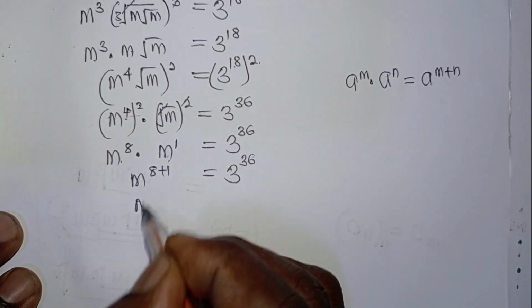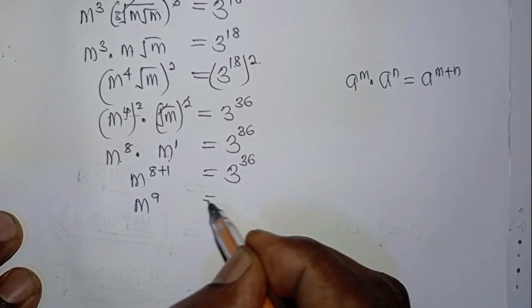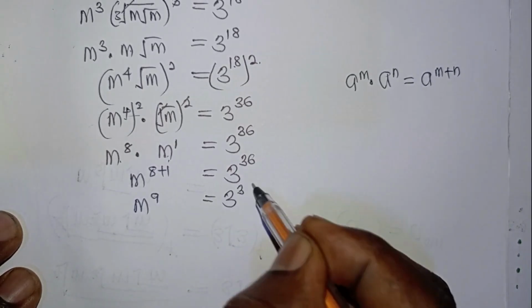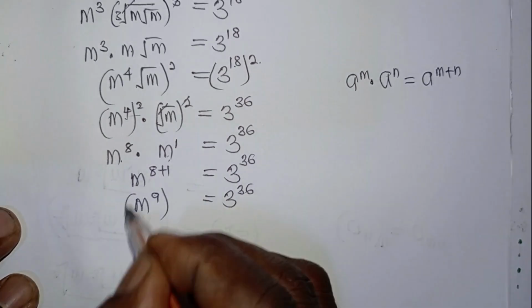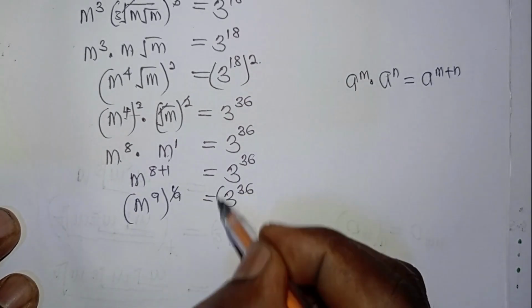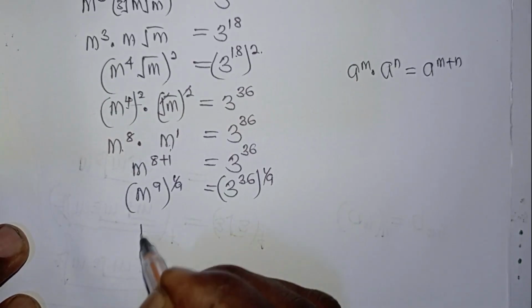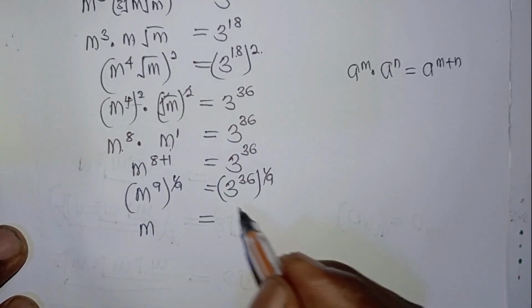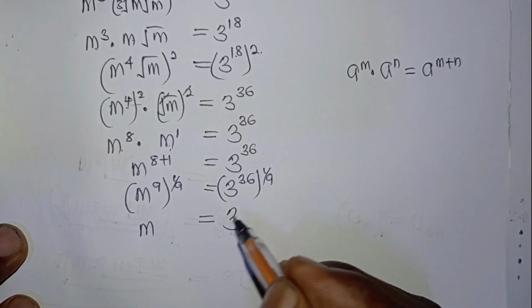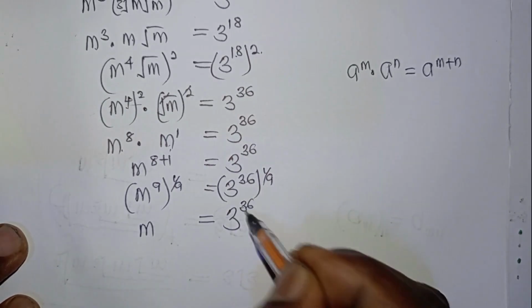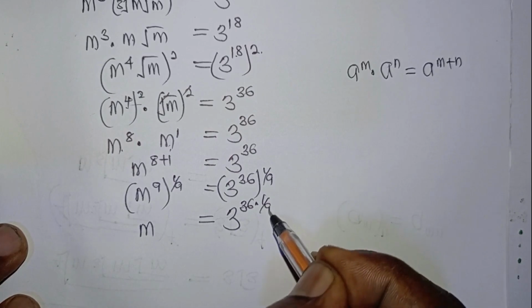So here we have m to the power 9 equals 3 to the power 36. So we apply a 1/9 exponent here and a 1/9 exponent here. This will give us m equals 3 to the power 36 multiplied by 1 over 9.